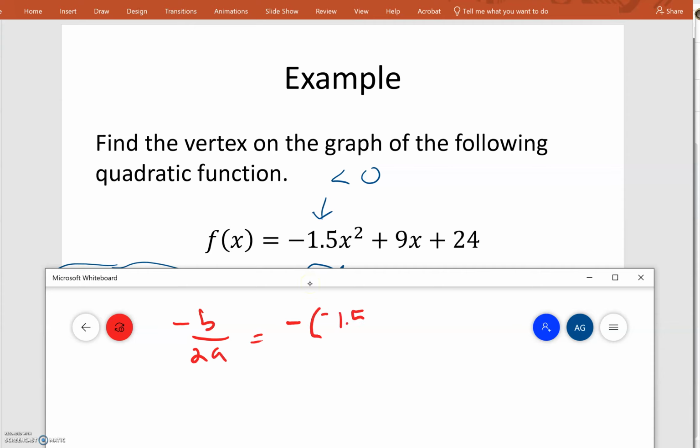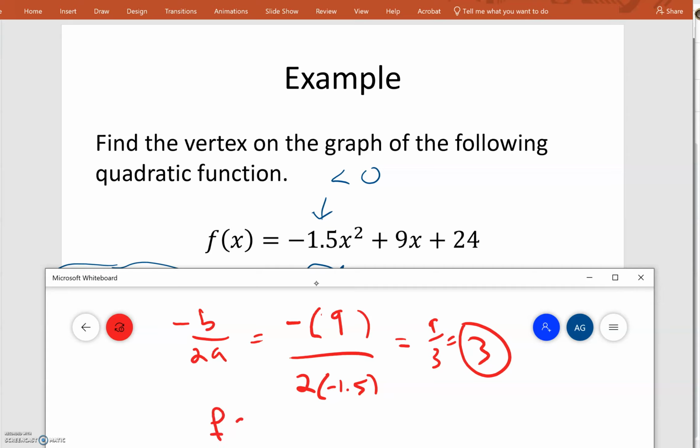Negative 9, that's b, over 2a is negative 1.5. So this happens to be numbers that I can calculate. 2 times 1.5 is 3. But this is negative over negative, so that's positive. So this is 9 over 3, so that's 3. So this is saying that the x-coordinate is 3, and then f of 3 would be the function evaluated at 3.